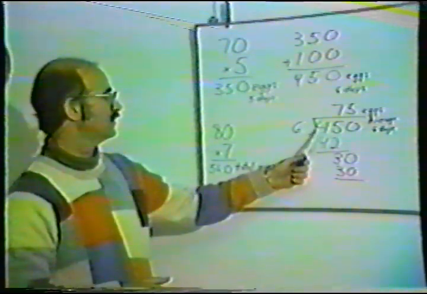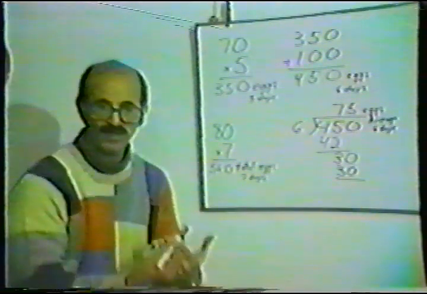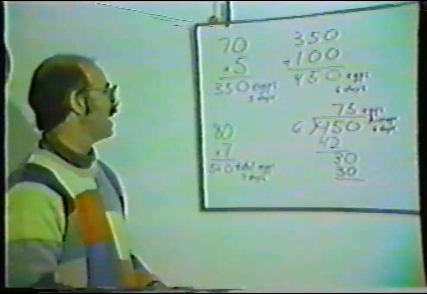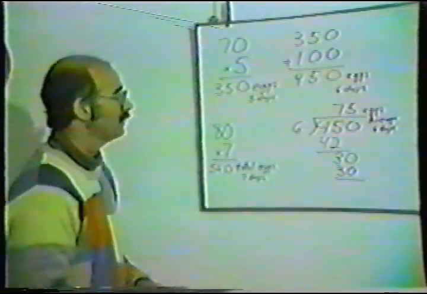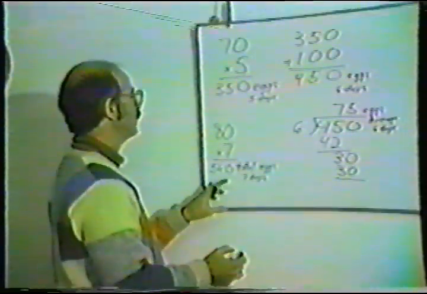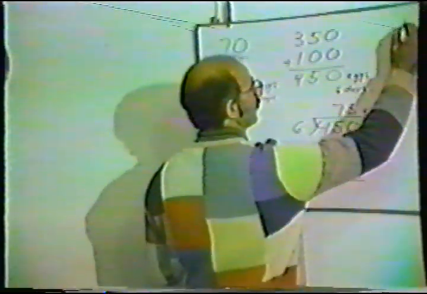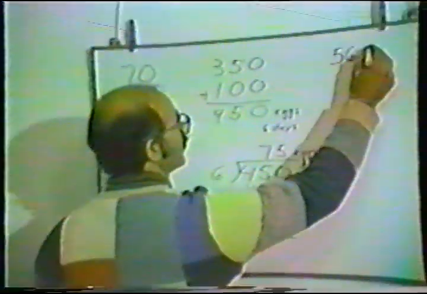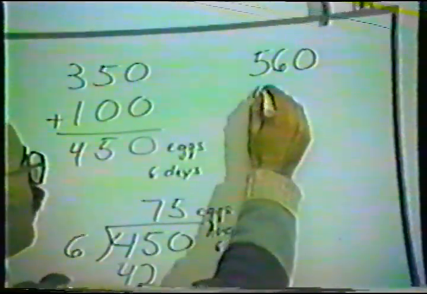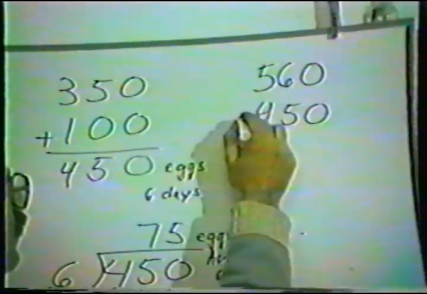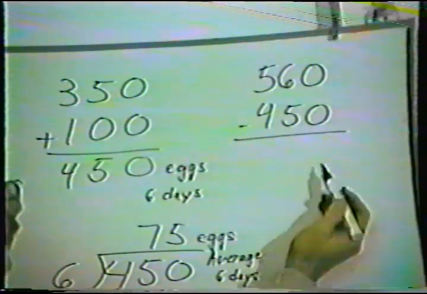What do we do to find out how many more we need to have to get up to 560? Subtract. Because we have to find out the difference between the 560 eggs, which is the total for 7 days, and the 450 eggs, which was the total for 6 days.